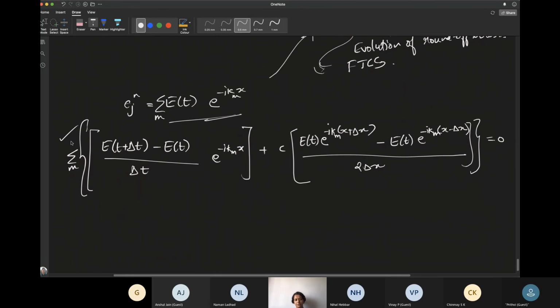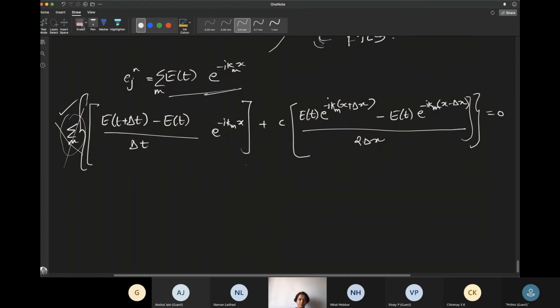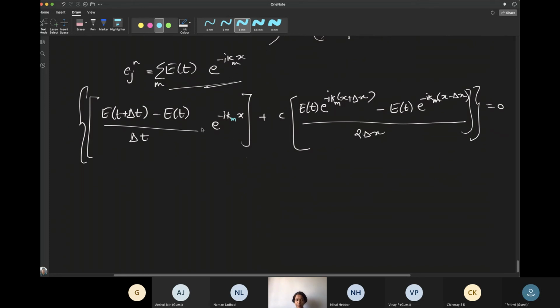So now you have different m components. Each of these terms in this summation should be equal to 0 separately. So the summation will go off. You need not write a summation because the summation is just repetition of the same terms for different values of n. Now each of those must be equal to 0 separately, so you get to write a separate equation without this summation.